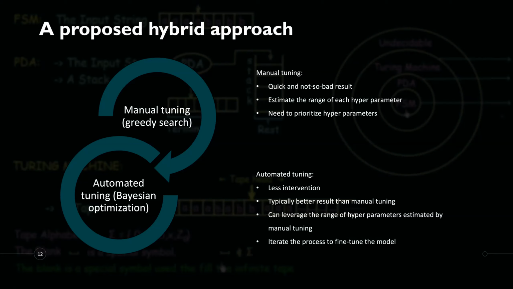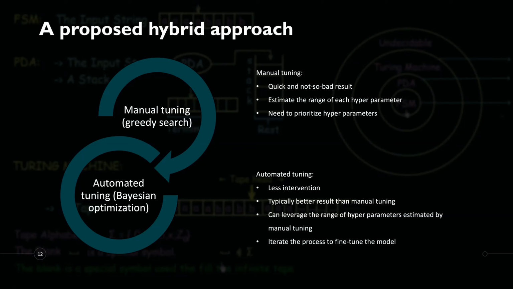For instance, it's not able to deal with hyperparameters that are not continuous, if they are enumerated or categorical.